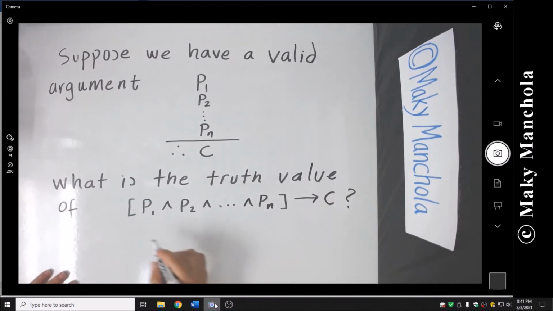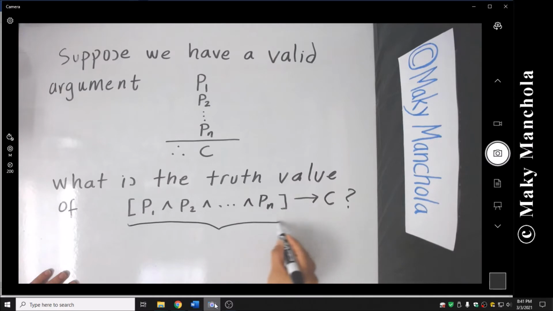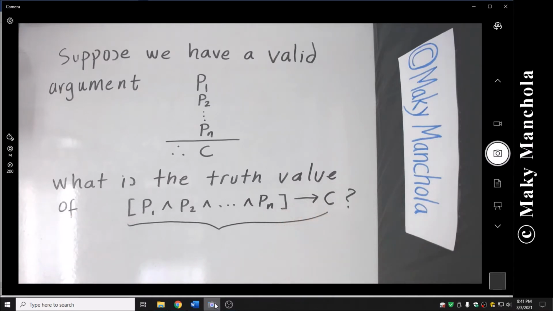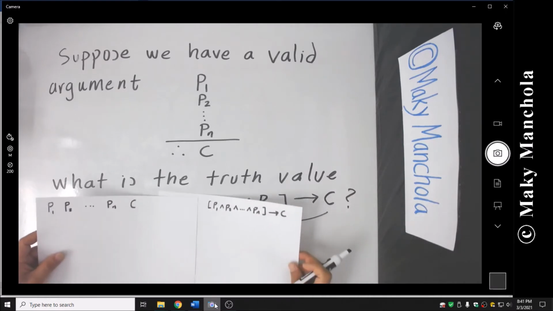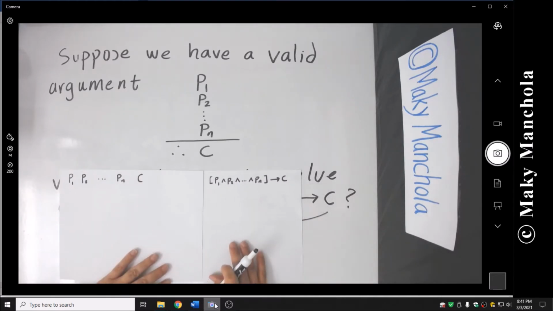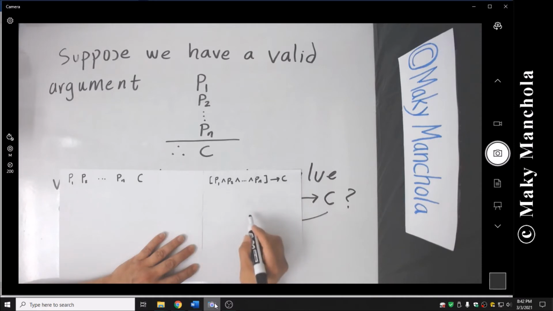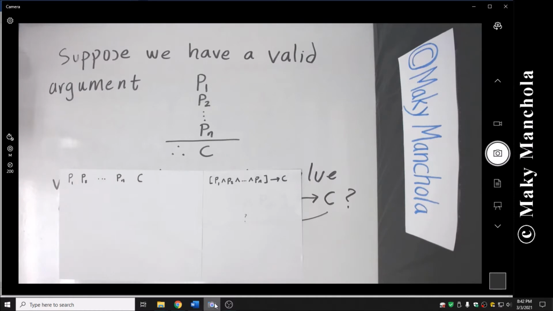We want to find the truth value of the conjunction of the premises implies the conclusion. So let's think of this in terms of a truth table. So here we're asking, what are the truth values of the conjunction of the premises implies the conclusion? What are the truth values in the different cases of premises and conclusion?